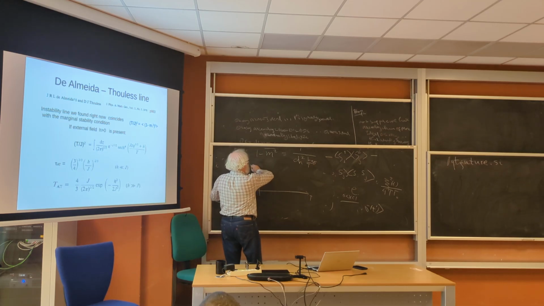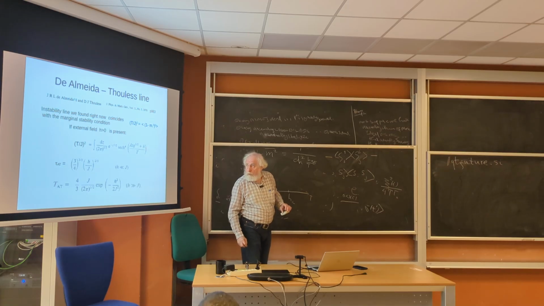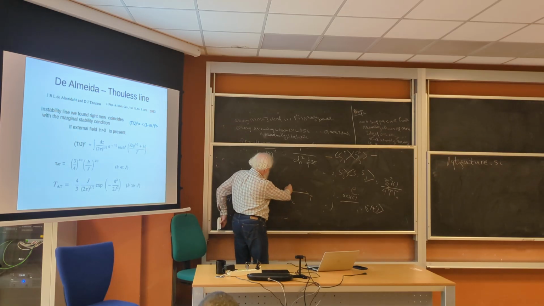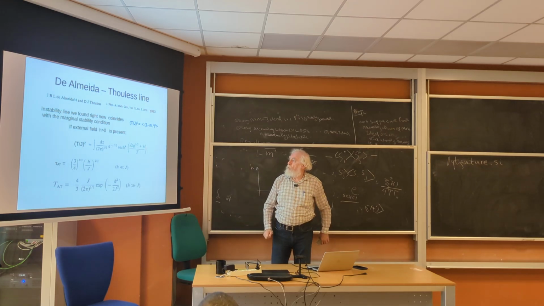Temperature versus field, that will be Tc, and 2/3. So it will be something like this. This critical line was found by De Almeida and Thouless, the so-called AT line.